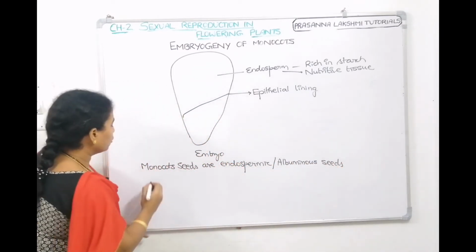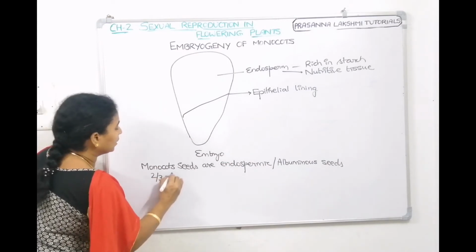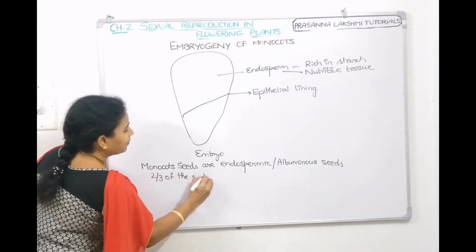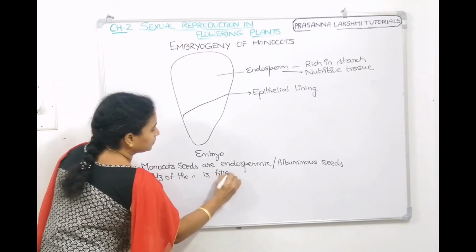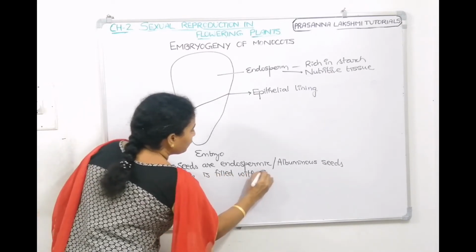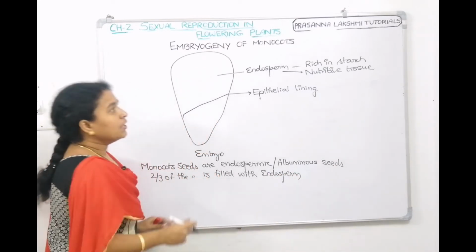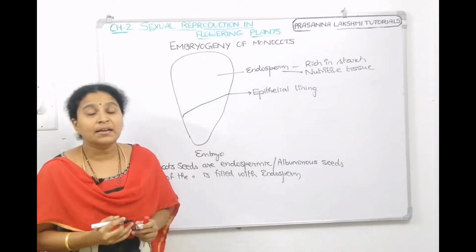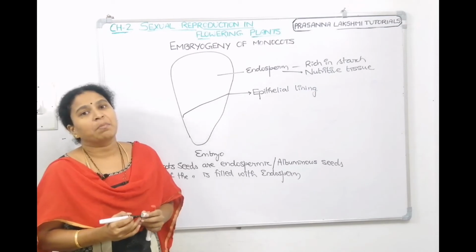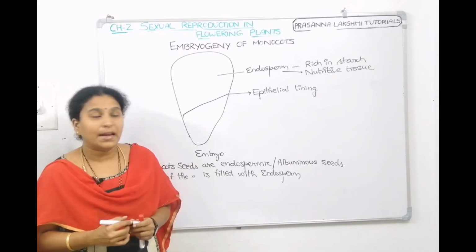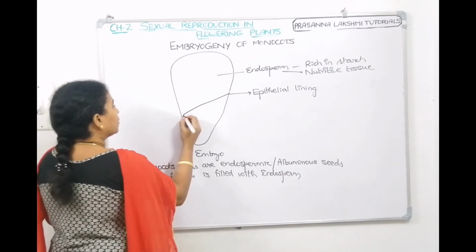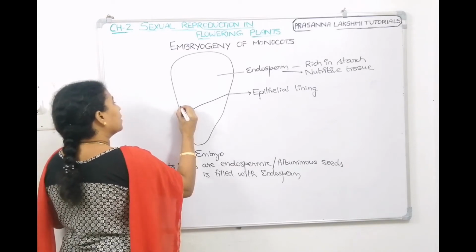And how much is the endosperm? 2/3 of the seed is filled with endosperm. And what is endosperm made of? It is rich in starch. And then the endosperm is covered by a protein-rich layer called the aleurone layer. So, we'll draw that.